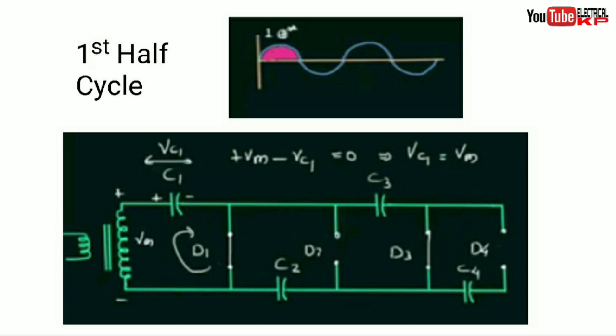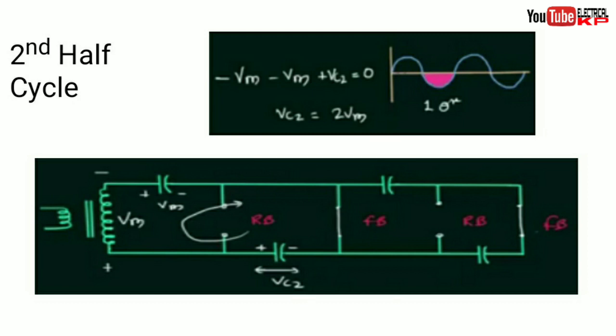It means Vm, the maximum voltage of the supply, will be across capacitor C1, while diode D2 will be in reverse bias condition.